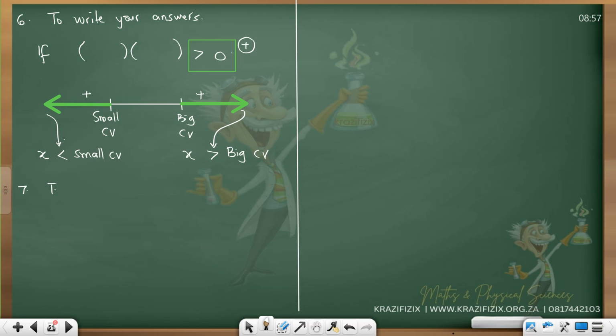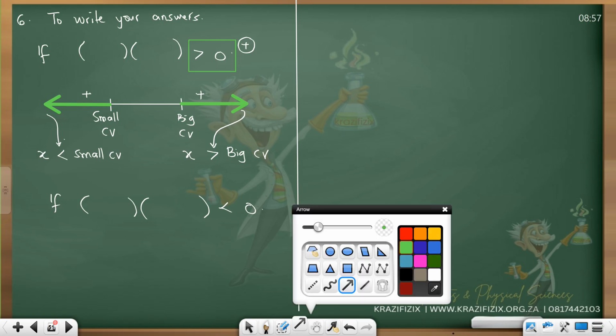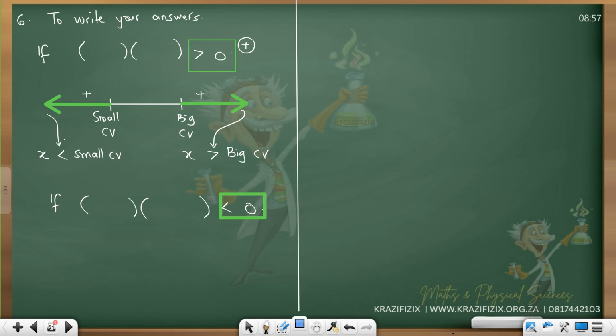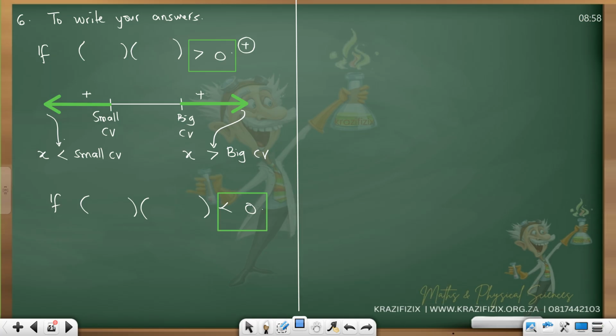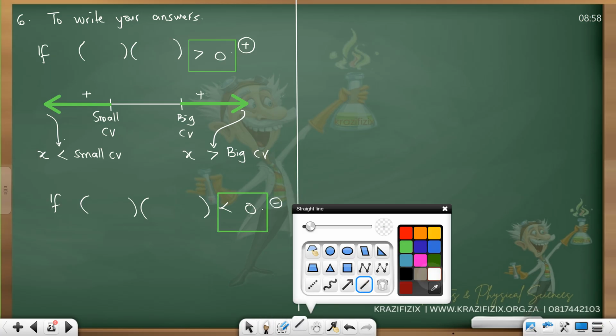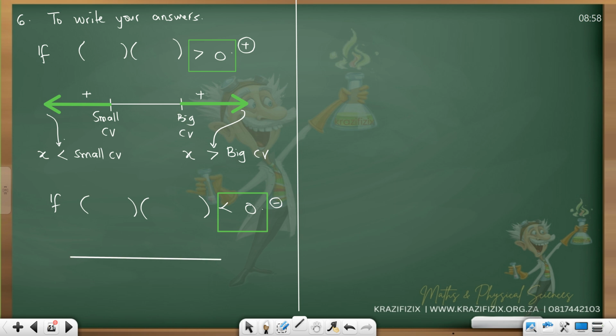Number 7. Or no, still number 6. If my brackets are less than 0, the less than 0 tells me that I'm looking for something what? Negative, right? Negative. What is my number line looking like? Let's put the negative here so that we maintain positive.